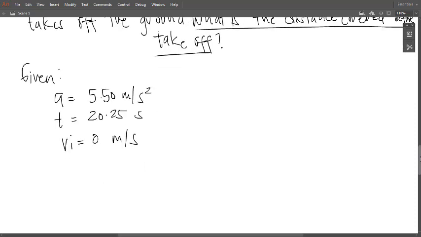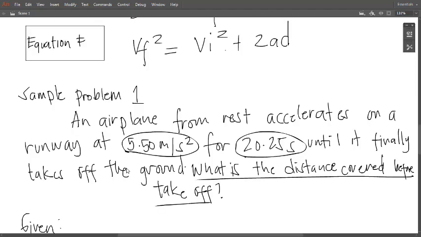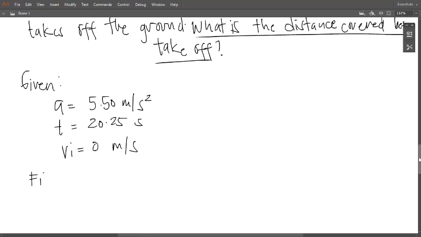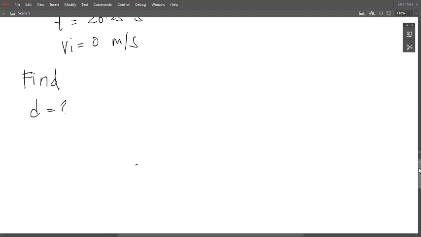So what will be the formula that we'll be using?